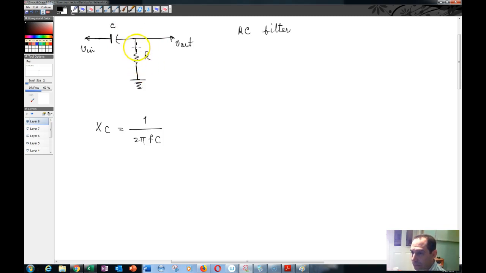And so what that means is that as you're increasing the frequency, the voltage drop across your resistor is increasing, which means that your output voltage is increasing, because your output voltage is actually nothing but the voltage across the resistor.